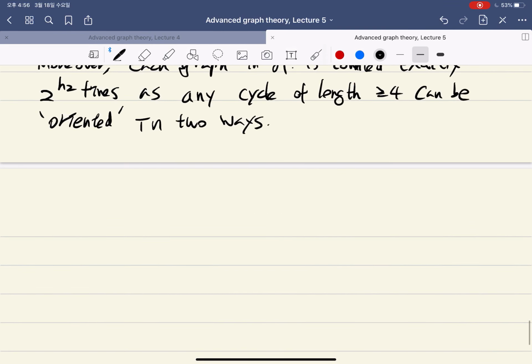So what it means is that once pi is given, say pi is 1, 2, 3, 4, 5, 6, 2, 3, 4, 1, 3, 7, 8, 5, 6, 8, 7. Say this is the permutation.